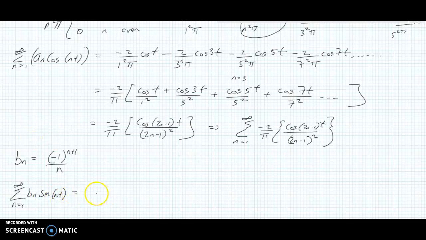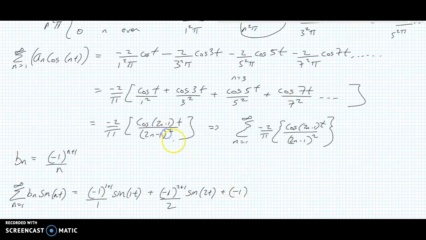When n is 1, you're going to have minus 1 to the power of 1 plus 1 over 1, sin 1t. And when n is 2, we're going to have minus 1 to the power of 2 plus 1 over 2, sin 2t, and so on.